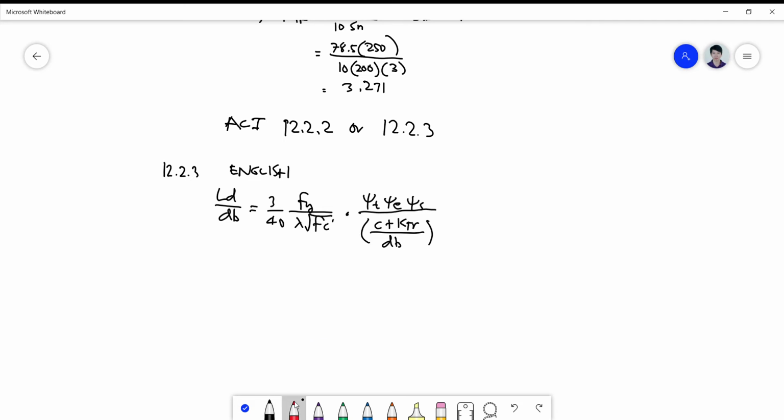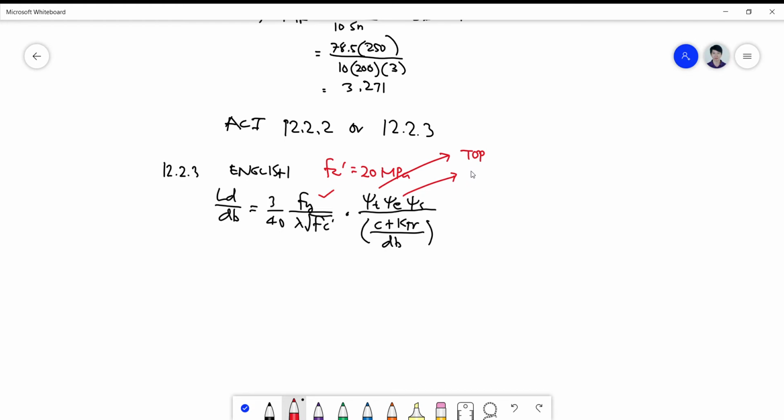Okay, so let's check our, I think Fy is given, Fc prime is not given, so let's insert an Fc prime here. Let's make use of 20 megapascal, but this is English, no? So we will try to convert this later. Psi t is top bar. We have computed this a while ago. Psi e is epoxy, so this is not given.